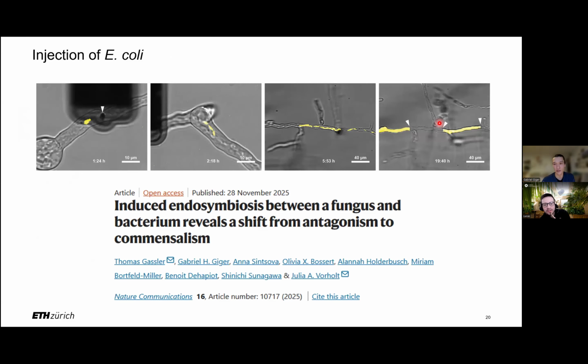Yeah, this is actually kind of fun. I even have videos. I don't think I can show it right now because I don't know where to find it. But these compartments, a small compartment full of E. coli, at some point, I assume the E. coli start to feed directly from the medium because the fungus dies.